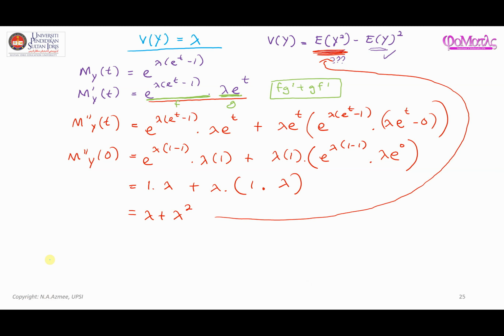Now the variance of Y is just E[Y²] minus (E[Y])². E[Y²] is this, so λ plus λ squared, minus E[Y], which is λ, squared. Therefore it can be easily seen that these terms cancel out, and so the variance of Y is equal to λ. Okay, that's all for now.